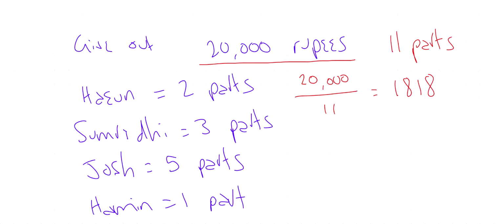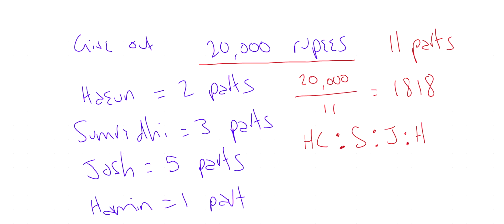So what I need to do is say, so I've got, hang on. Oh gosh, you both start with AH. That's so annoying. You can be HC. 2, Samriti. 2, Josh. 2, Hamin. All right. So what I'm going to say is Hamin gets 1818, right? That's what he gets. But Han's getting twice as much.